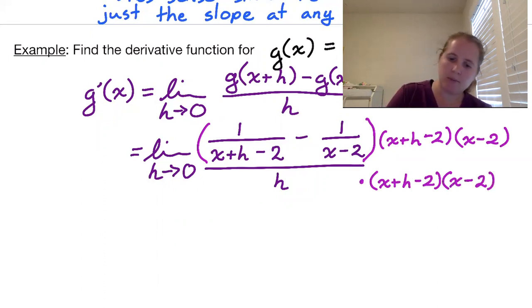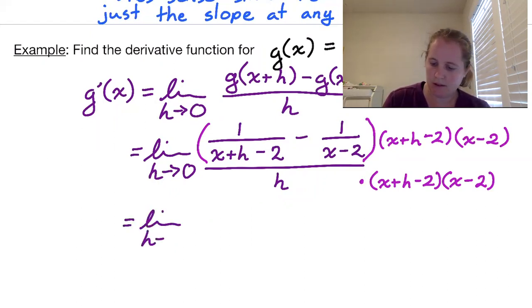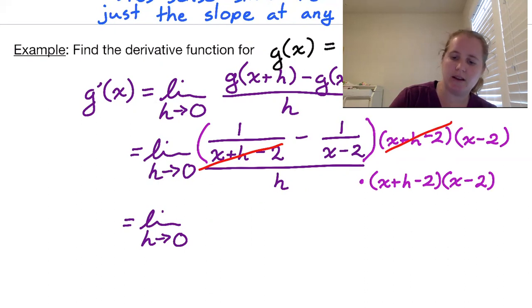Now up top, in the first fraction, the x plus h minus 2 and the x plus h minus 2 would cancel, and we would just be left with x minus 2.